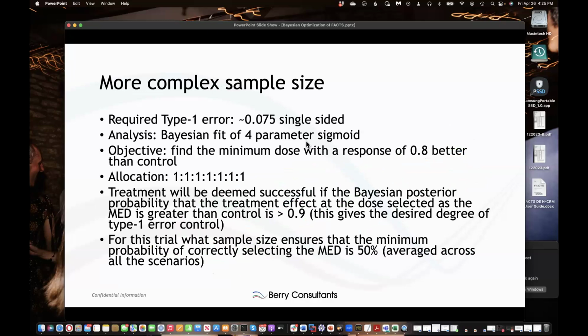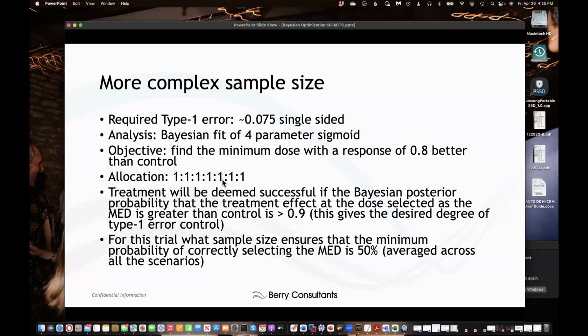This is a phase 2, so the type 1 error requirements we can take to be somewhat relaxed, perhaps around 0.075. Our analysis will be a Bayesian fit of a 4-parameter sigmoid. The objective, as I said, is to find the minimum dose with a response of 0.8 better than control.